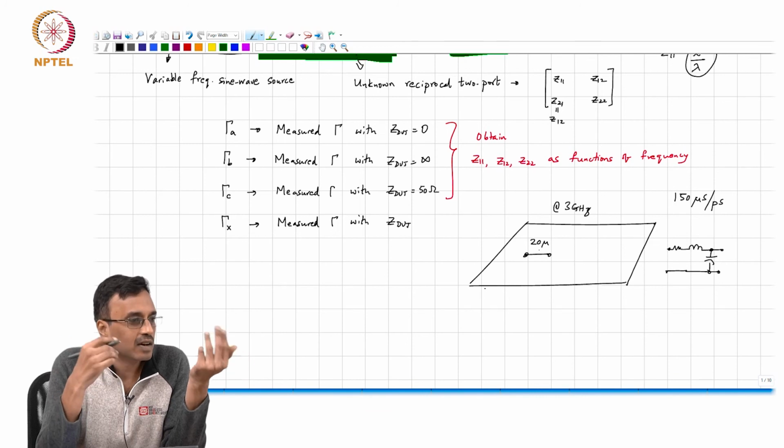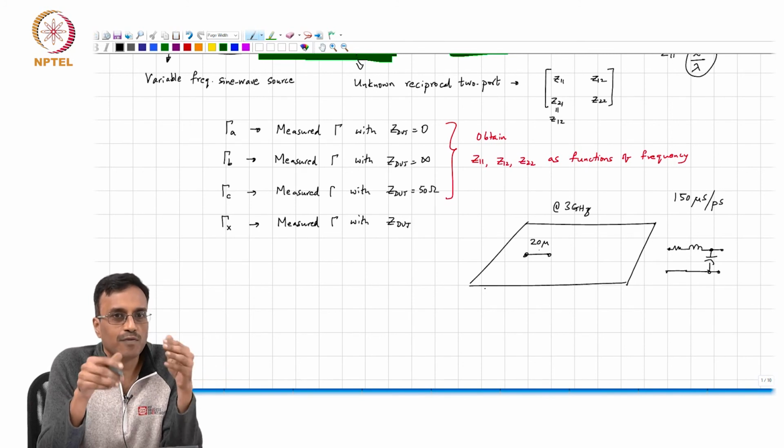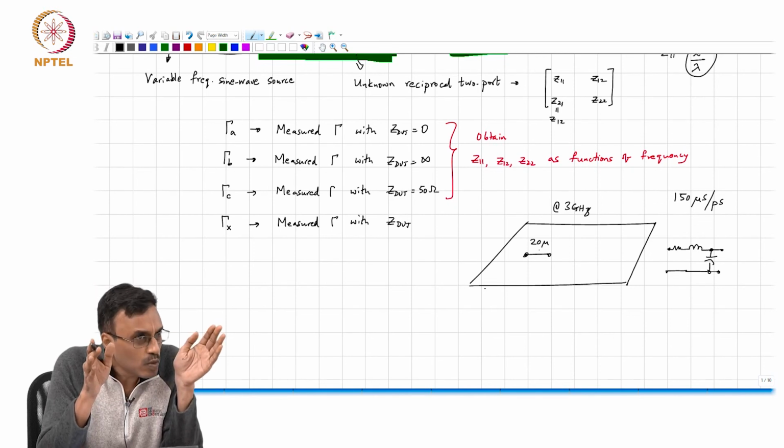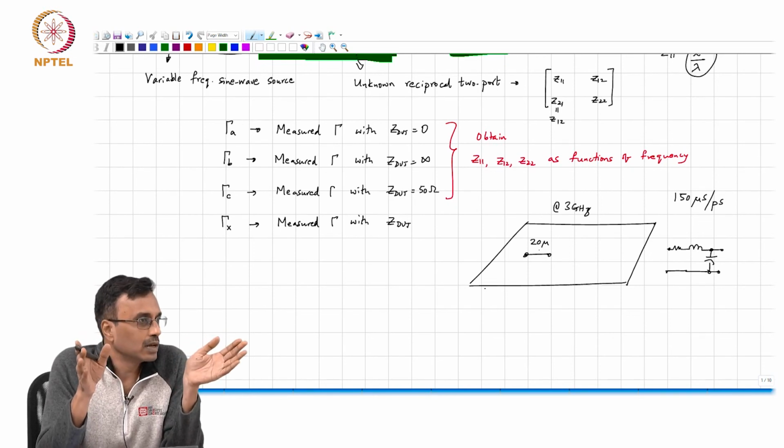Okay. But the point is not whether 50 hertz is large or small. It is all to do with the physical distance over which you're working in relation to the wavelength of operation, right?